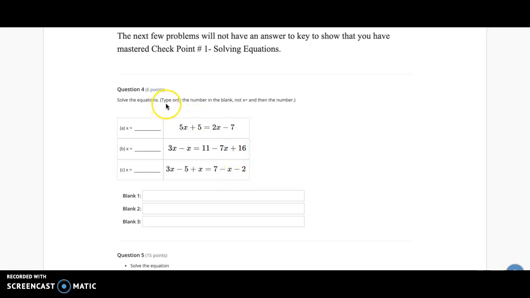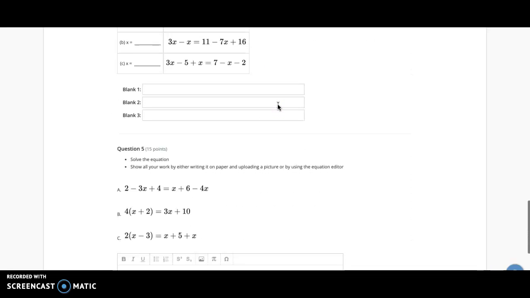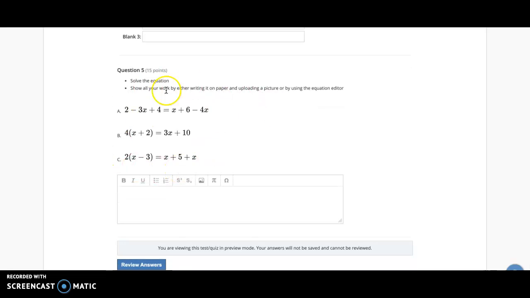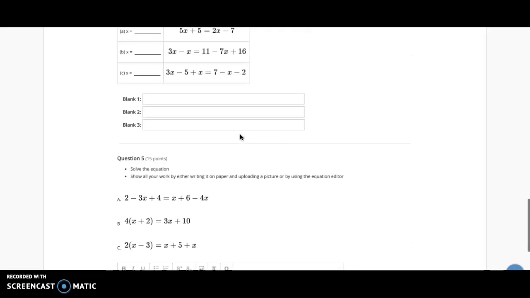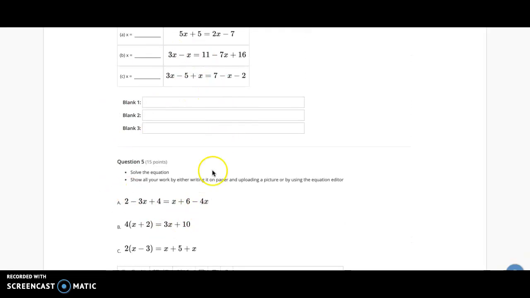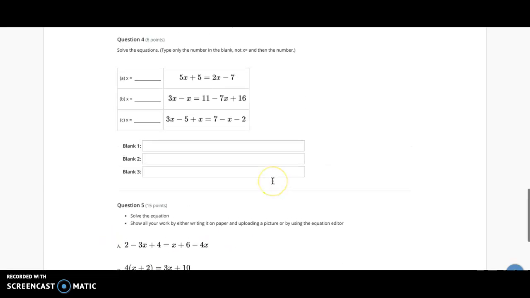Again, I noticed I wrote up here, type only the number in the blank, not x equals, just the number. And then you have 3 questions down here where, again, you are going to solve the equation and show your work. Again, there is no answer key for these 6. These are the 6 that you will actually get graded for. And that's your checkpoint number 1.